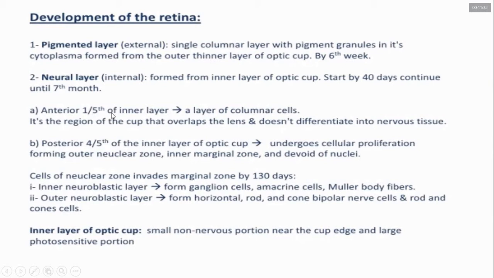The anterior one-fifth of the inner layer, a layer of columnar cells, overlaps the lens and does not differentiate into nervous tissue. The posterior four-fifths of the inner layer of the optic cup undergoes cellular proliferation, forming the outer nuclear zone and the inner marginal zone, devoid of nuclei. This is also important, which is how it is developed embryologically. When we discuss later in the slides, this point will come.